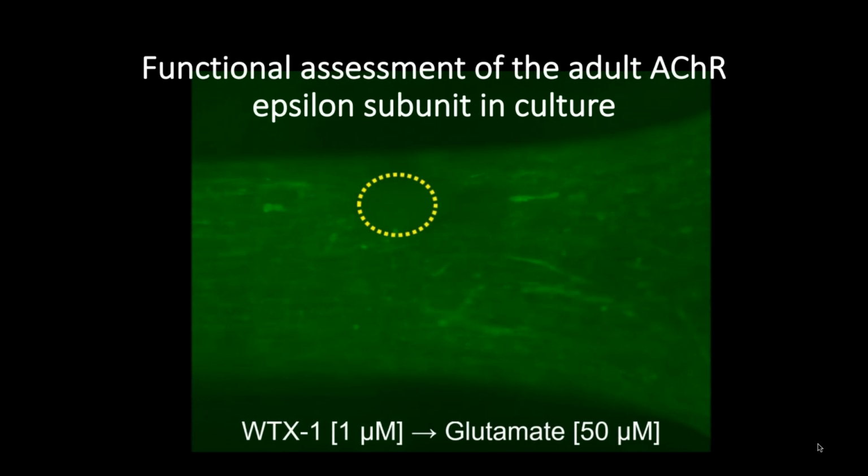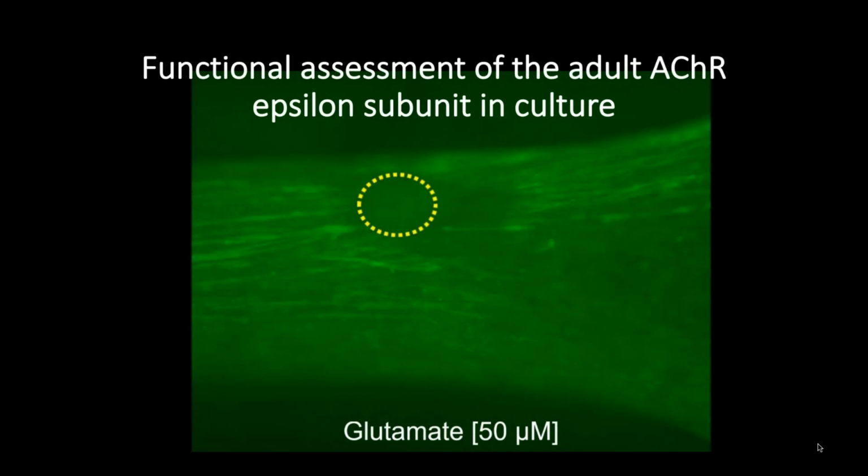You can see that many, but not all, of the muscle fibers show dampened calcium transients, demonstrating that indeed in these 3D neuromuscular co-cultures, we have functional integration of this epsilon subunit into the system. In the various different experiments that we did in our 2D co-cultures, we were not able to find evidence of the epsilon subunit being functionally integrated into those muscle fibers.